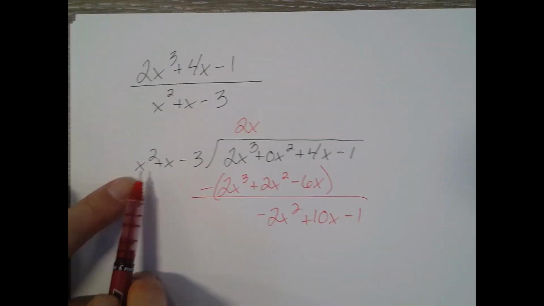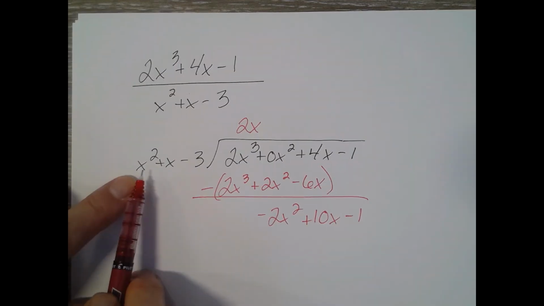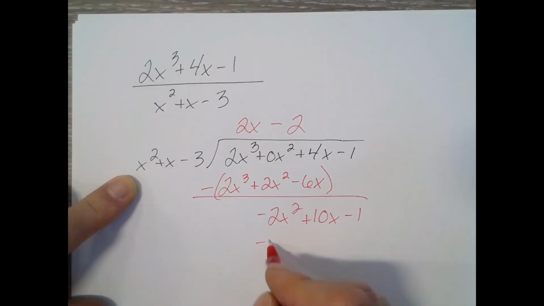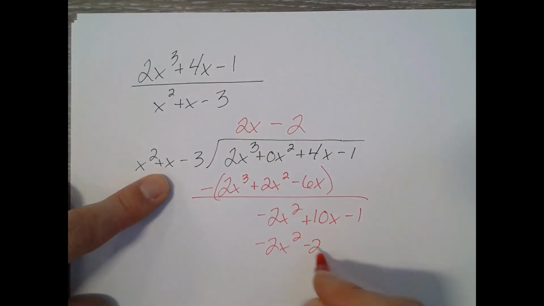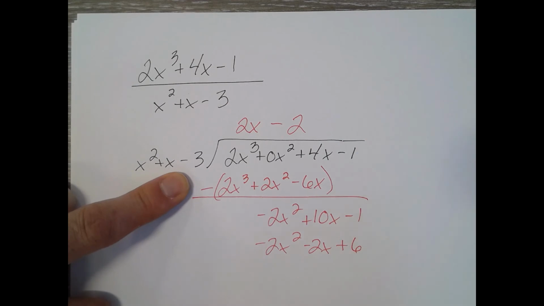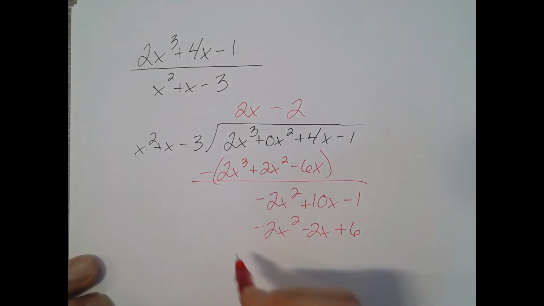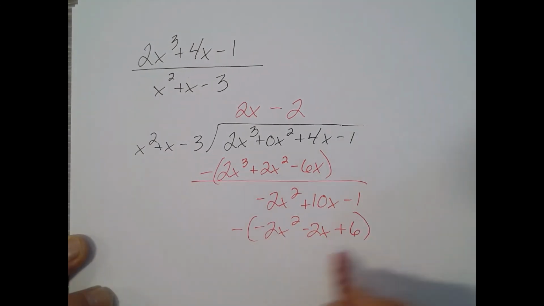So x squared goes into negative 2x squared minus 2 times, so negative 2x squared minus 2x plus 6. And then subtract. Gone. 12x minus 7.